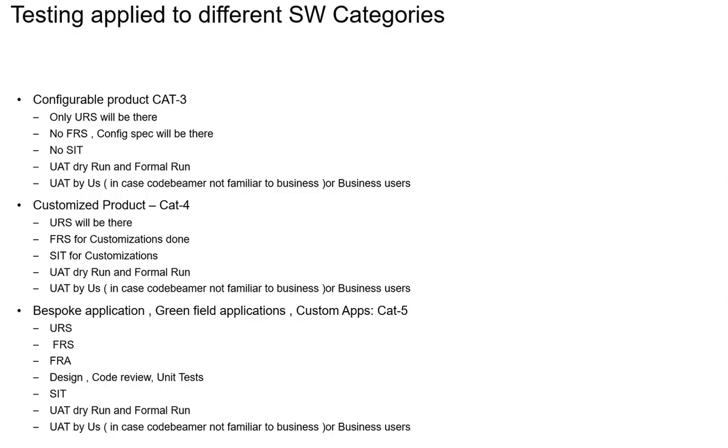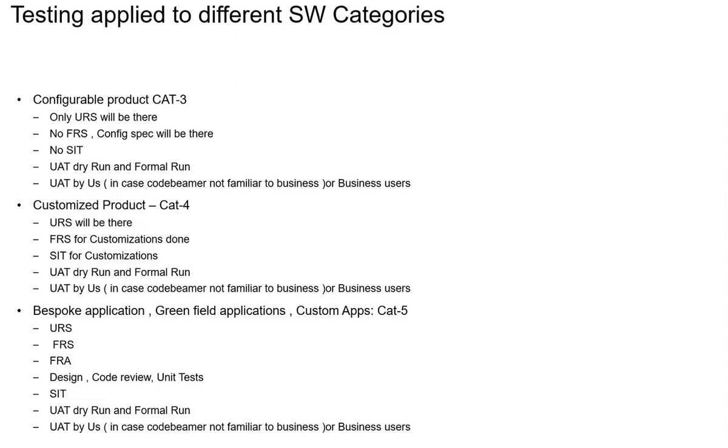That's where we do the SIT for whatever customization or new feature implementation is done. Post SIT, obviously your UAT dry run and UAT formal run will be there. That is the traditional process you are already aware of.